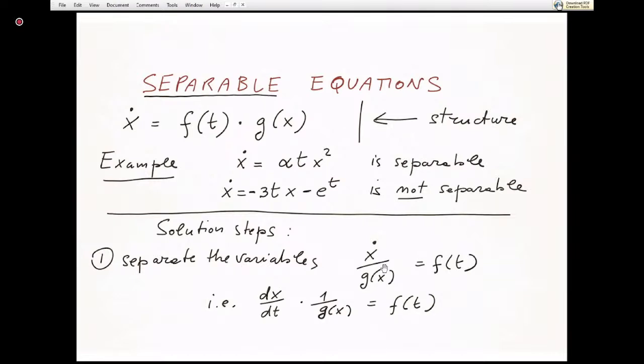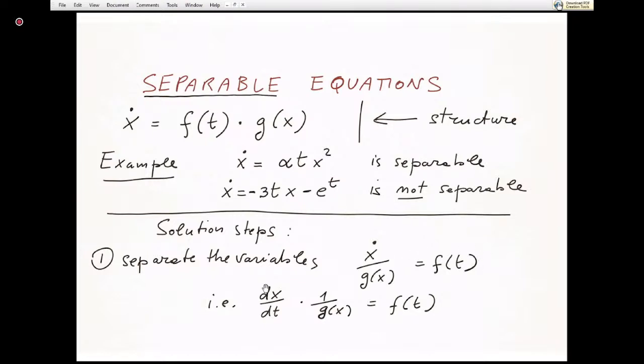You can separate the variables because you can divide by g of x, provided that g of x is different from 0, okay? If you divide both sides by g of x, you have x dot divided by g of x is equal to f of t. The left-hand side depends only on x, the right only on t.